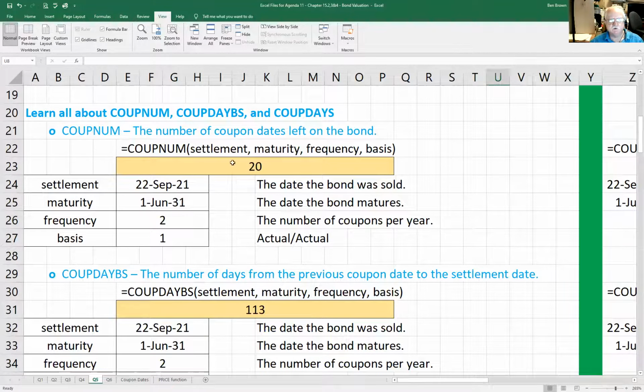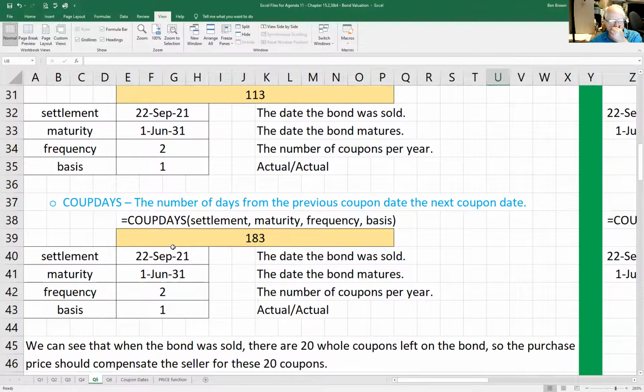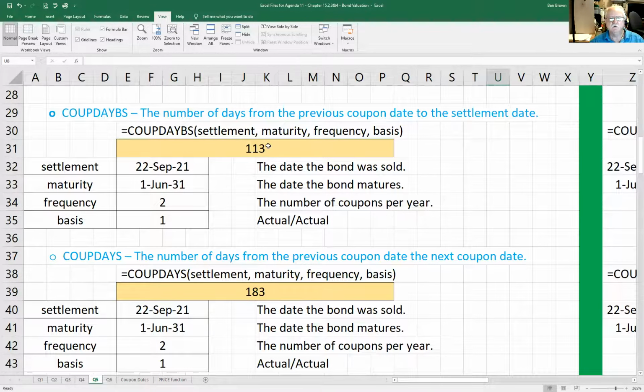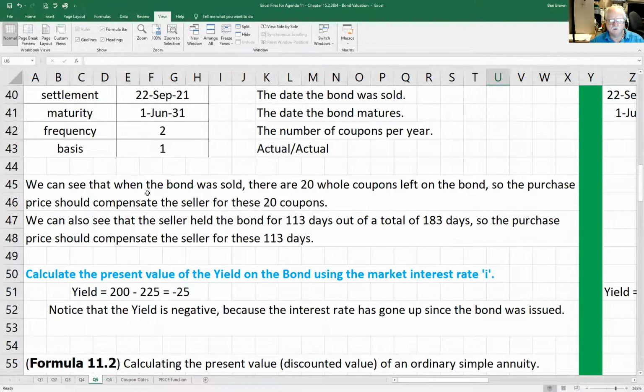And then we've used Coup Num, Coup Day BS, and Coup Days. And we found out that there's actually 20 coupons left on the bond. But we're in between coupon dates. So 113 and 183. That's what I've said here.